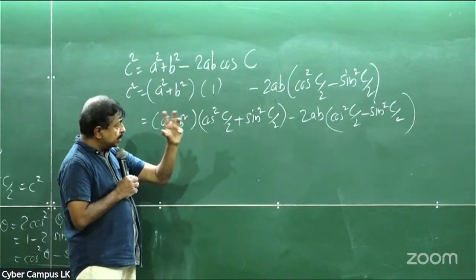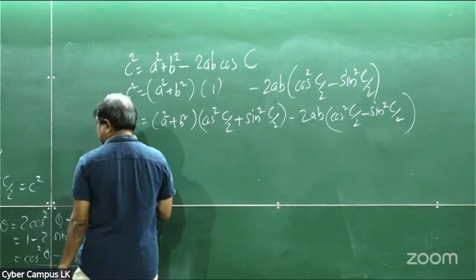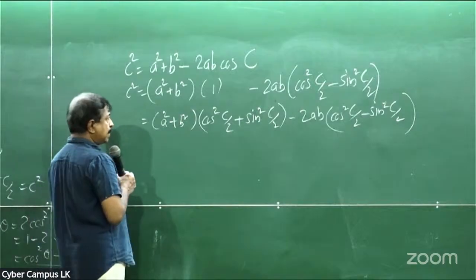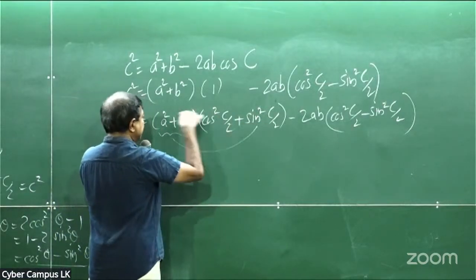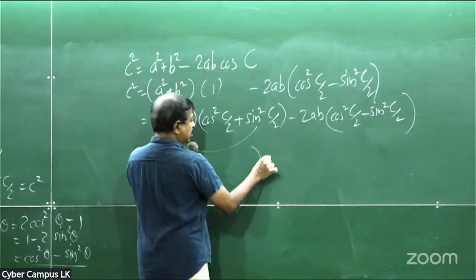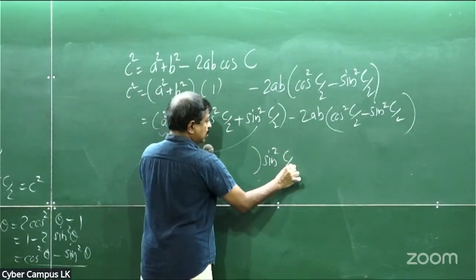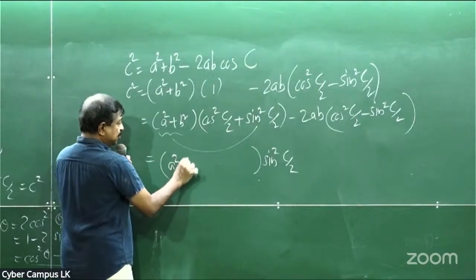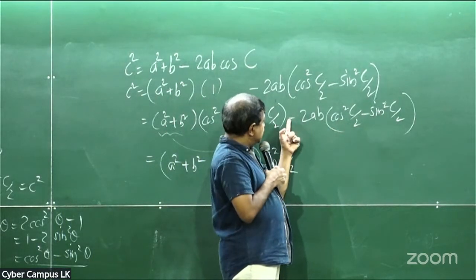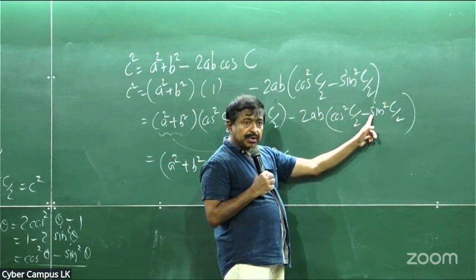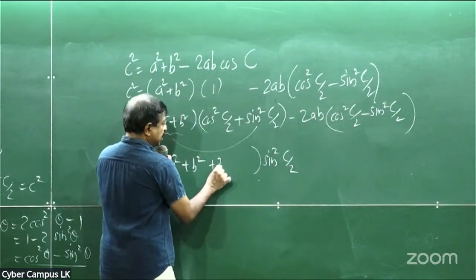Now collect the terms containing sine squared. What are the terms containing sine squared? Sine squared times this: you have a squared plus b squared. And there's another term here: minus 2ab times minus 1, so it is plus 2ab.